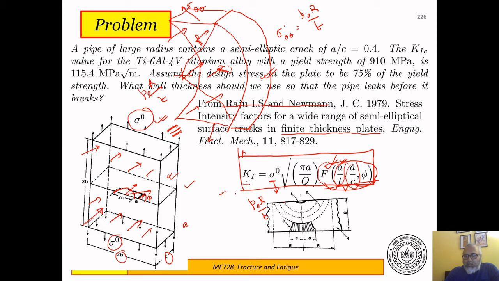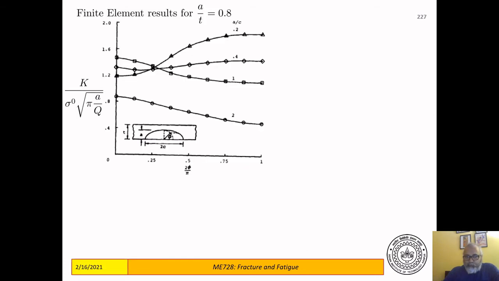So now let us try to see how we can design it for leak versus break. Here are the finite element results for a crack of A by T equal to 0.8.